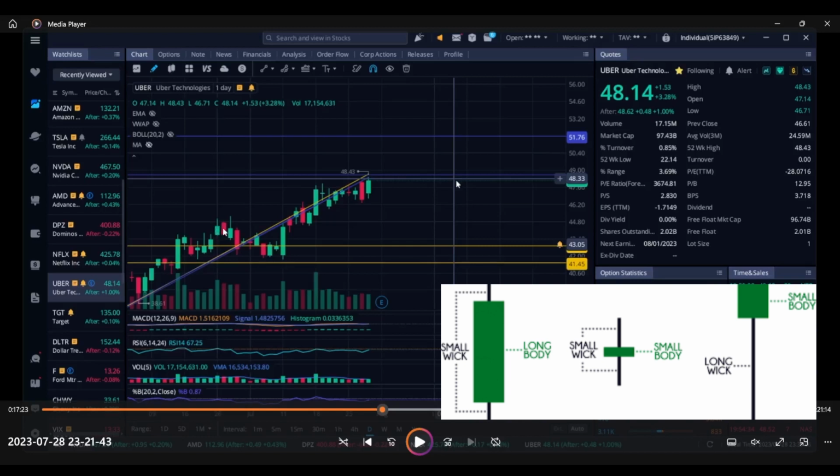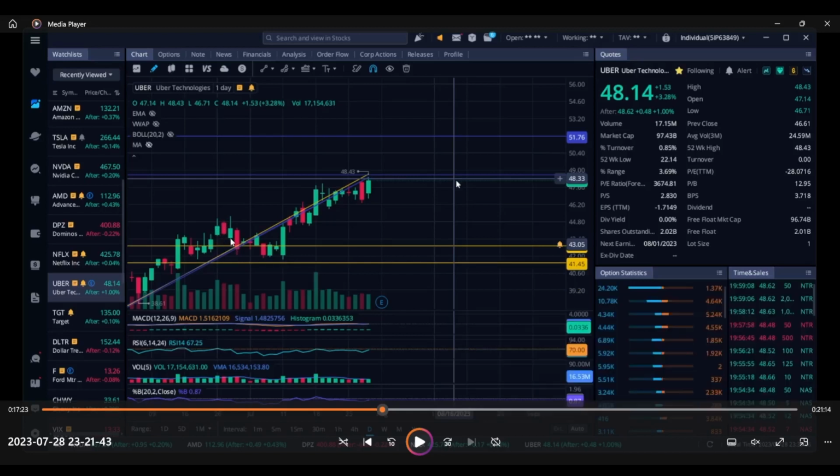You might have a wick on the bottom, a wick on the top, or on both, or not. Doesn't matter. Basically, the top of the wick is where price went the highest in this time frame.